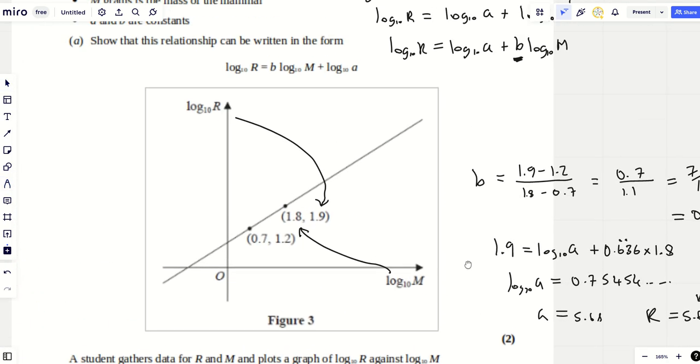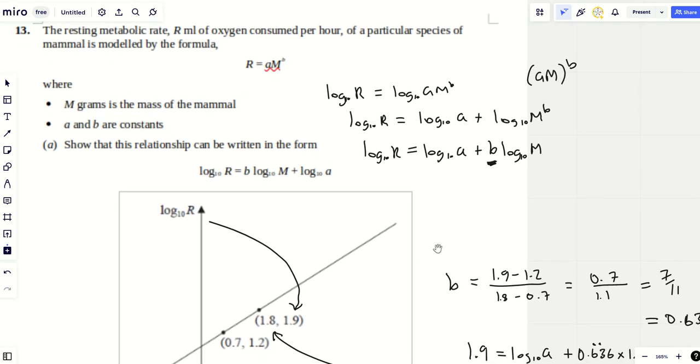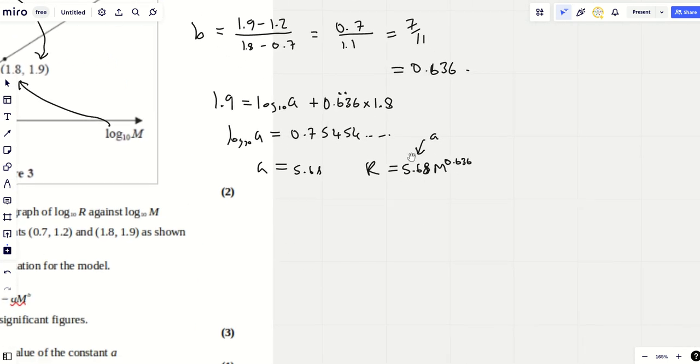Sorry, I've forgotten what r stands for. m is the mass, and r is the oxygen consumed per hour. Yeah, that's not what that represents, because this isn't the variable up here this time.